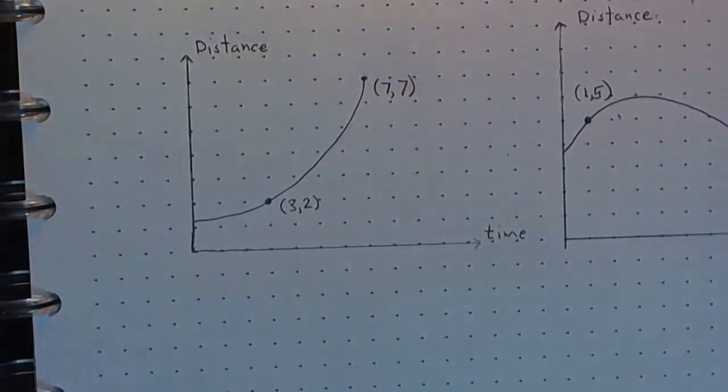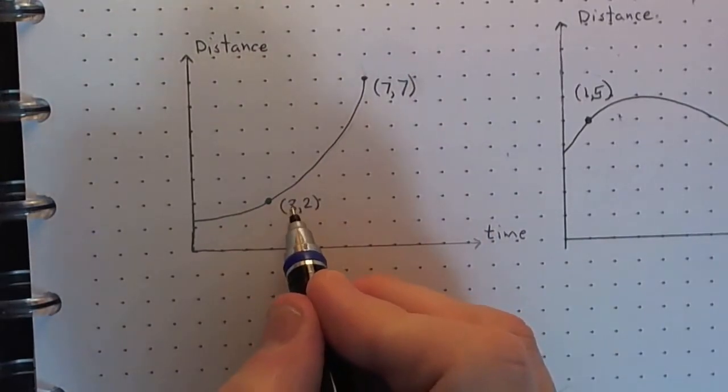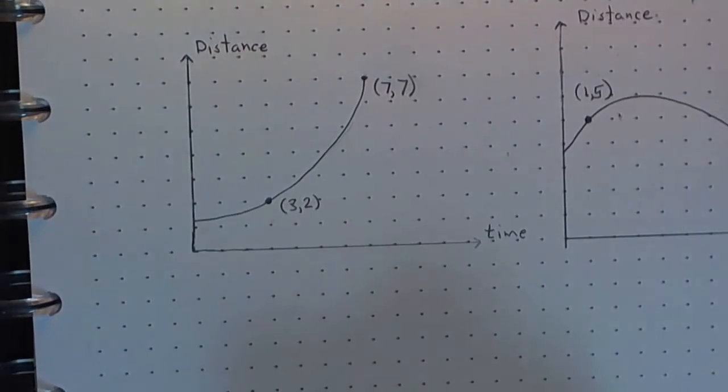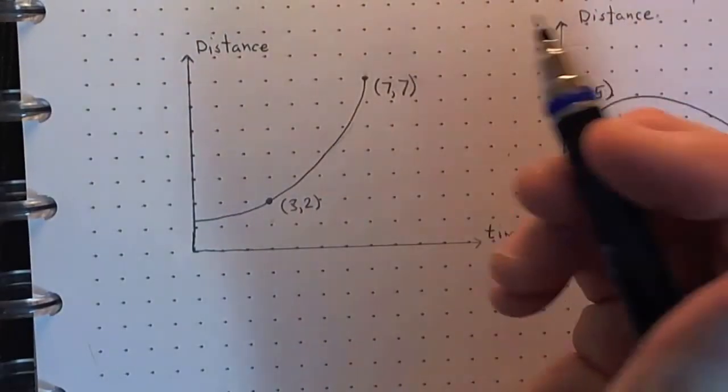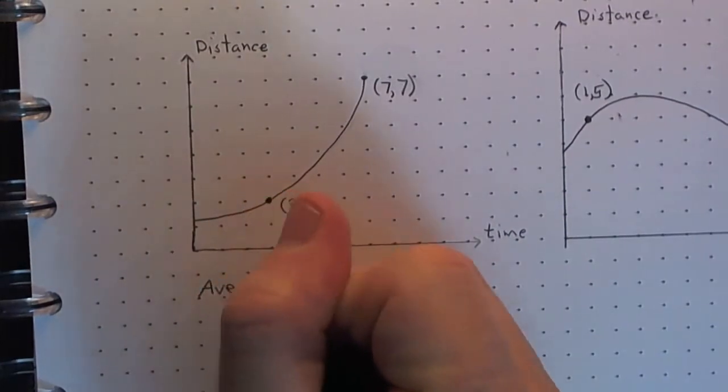But we would still like to know how fast we're going. In particular, I would like to know how fast I was going between hour 3 and hour 7. Well, what we can do is we can talk about the average rate of change.